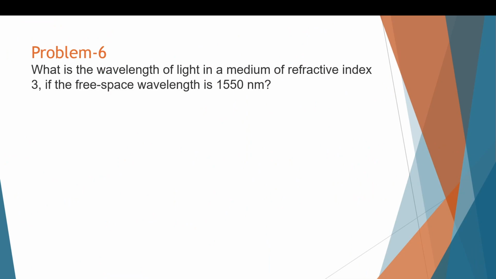Okay, so yeah. What is the wavelength of light in a medium of refractive index 3 if the free space wavelength is 1550 nanometer? This is pretty easy. The refractive index is defined as the speed of light in vacuum to the speed of light, the phase velocity of light, in the medium.